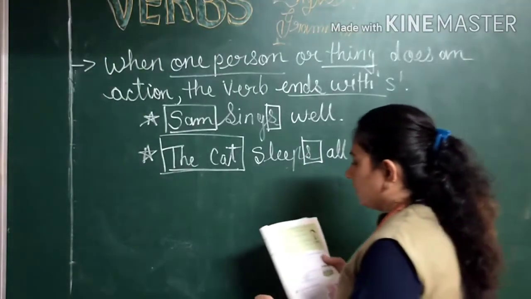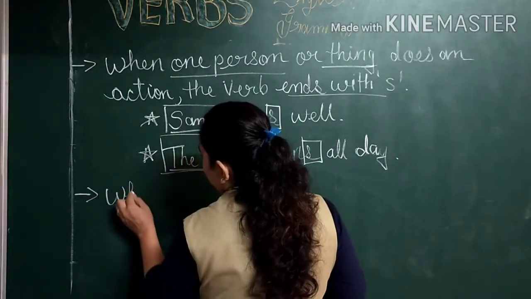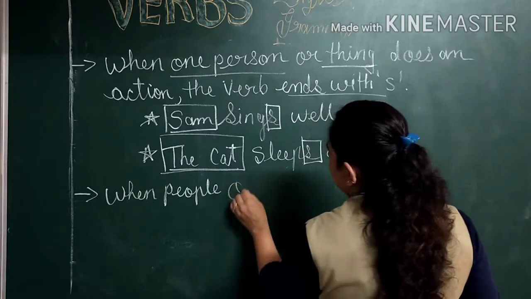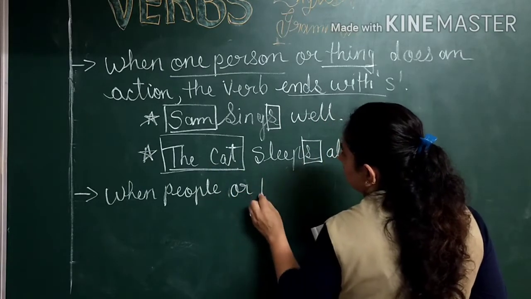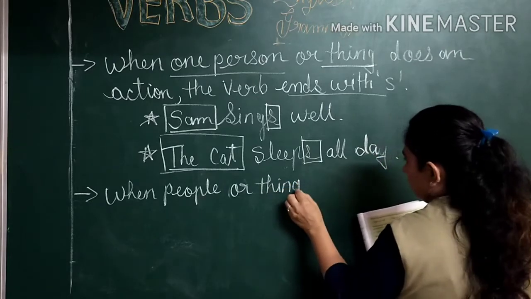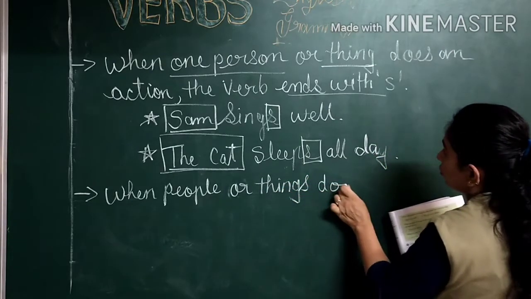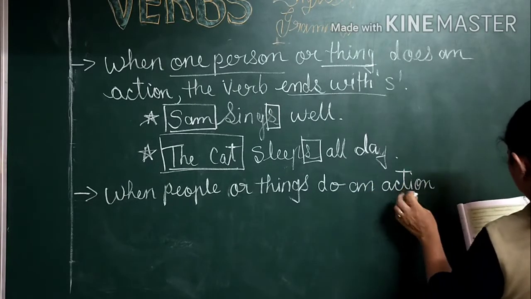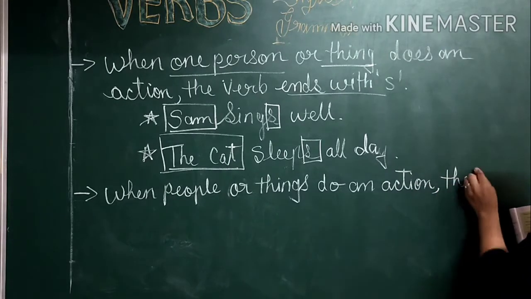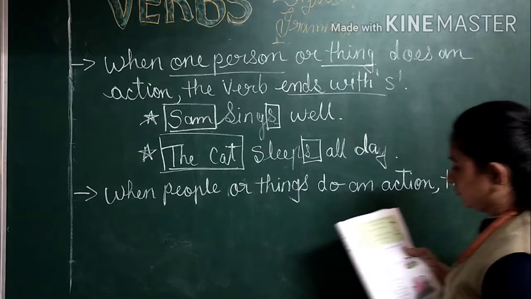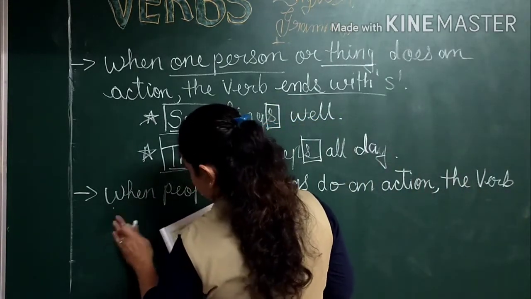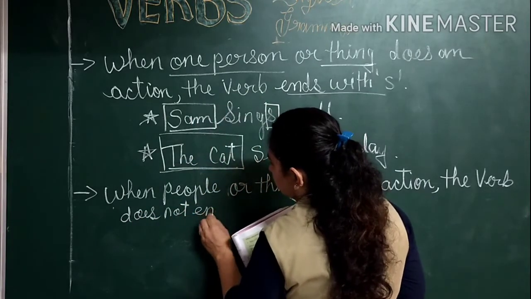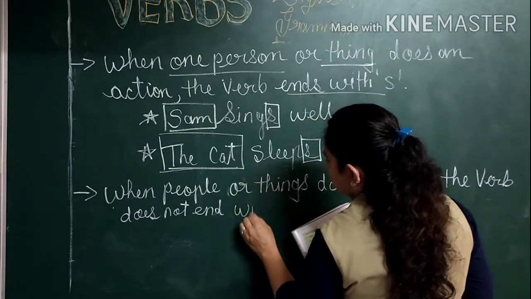Now the second one is: when people or things do an action, the verb does not end with s.